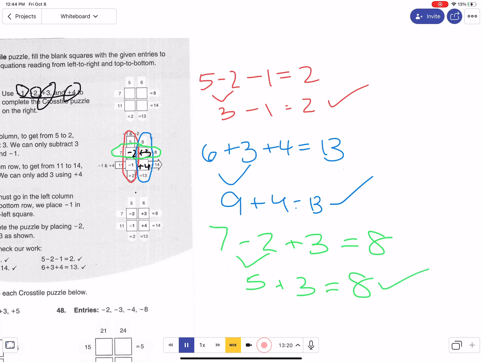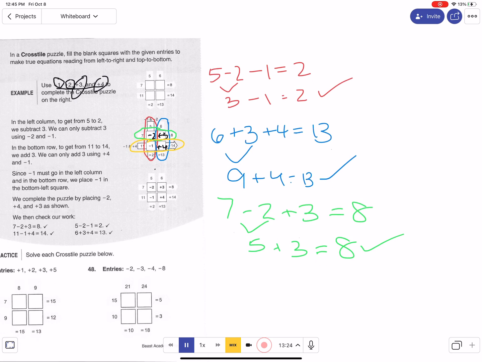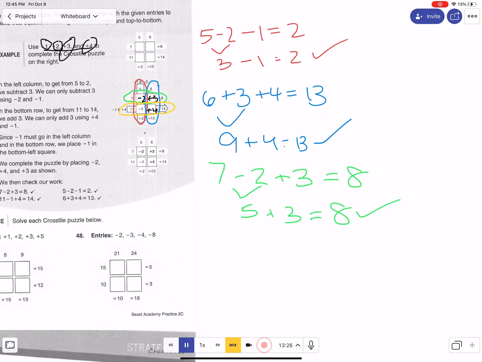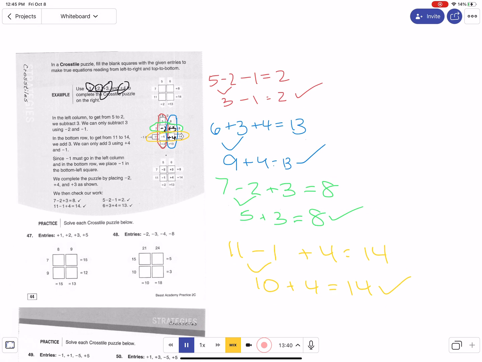So our top row is correct. Now let's do our last bottom row. We have to always check just to make sure all of our boxes are correct. So that's 11 minus 1 plus 4 equals 14. Now let's see if that's right. It is right. So now our box is filled and that should be your answer.